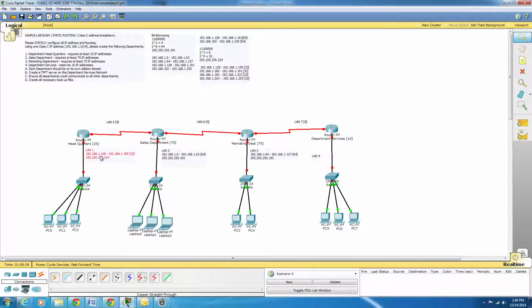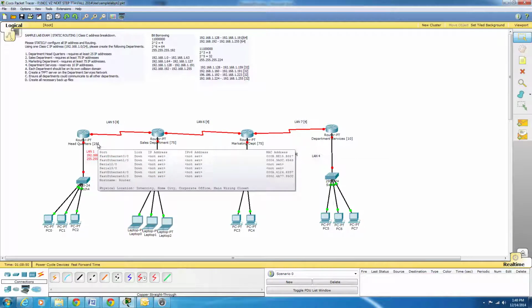Awesome. So LAN 1 is going to get this block of IP addresses, and it covers a full 32, and we're only looking for 25. So we're in good shape with that one. So we could continue to move on.